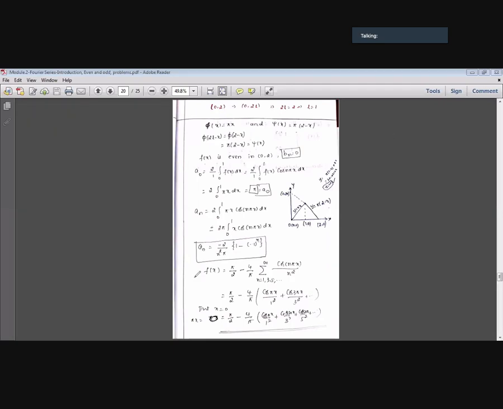Okay, we're discussing this diagram. If you take the x-axis, then y-axis. So y equal to pi x, it is very easy, a straight line.